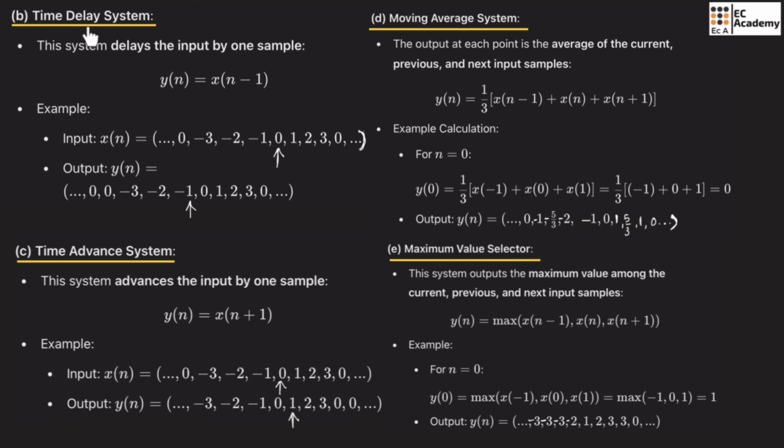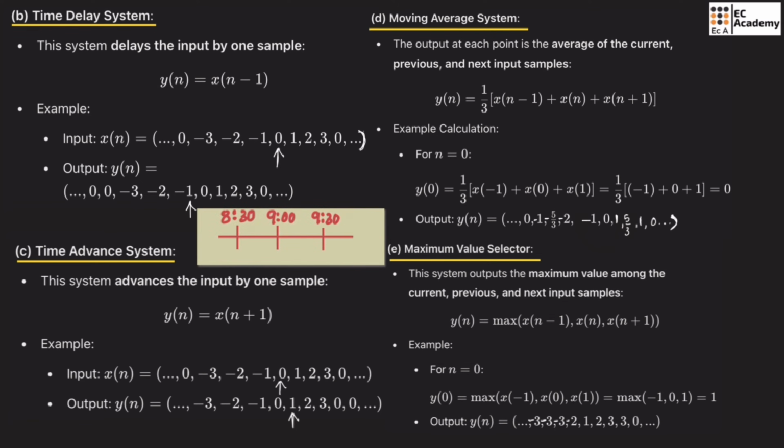Now let us understand the time delay and time advance system. To understand the time delay and time advance, let us take an example where you are supposed to reach some place at 9 a.m., which is on time. If you reach that place at 9:30, which means you are late, and if you reach that place at 8:30, which means you are early.